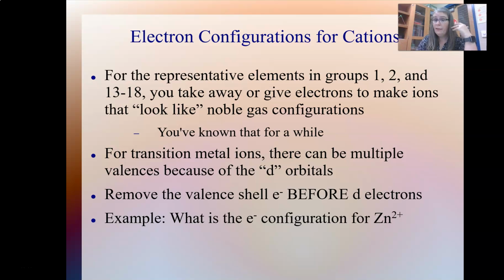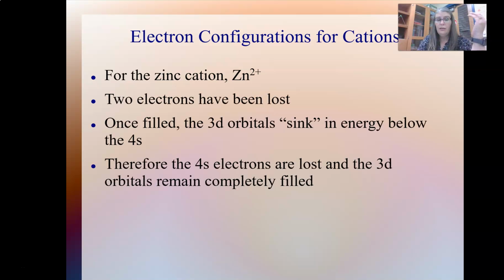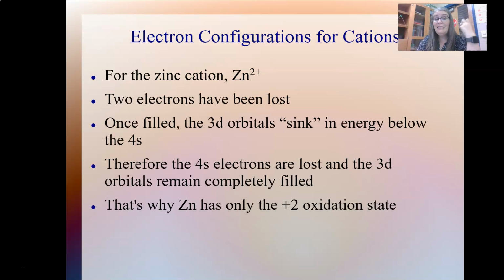Well, if we think about what the electron configuration for zinc would be, it would be argon 4s2 3d10. Well, think about it. If I remove the electrons from the 4s valence shell first, if I remove both of those electrons, I get 4s0 3d10.